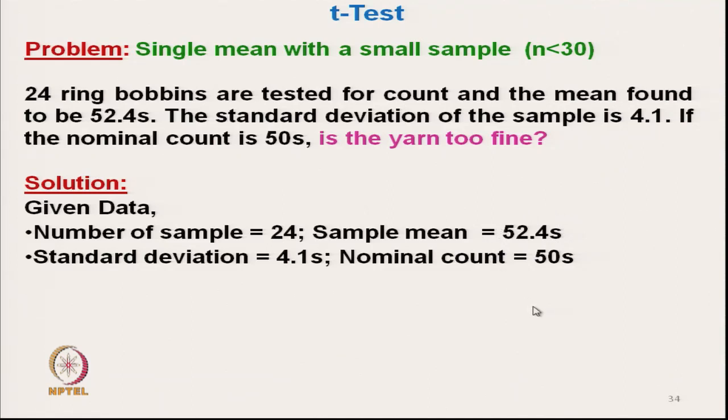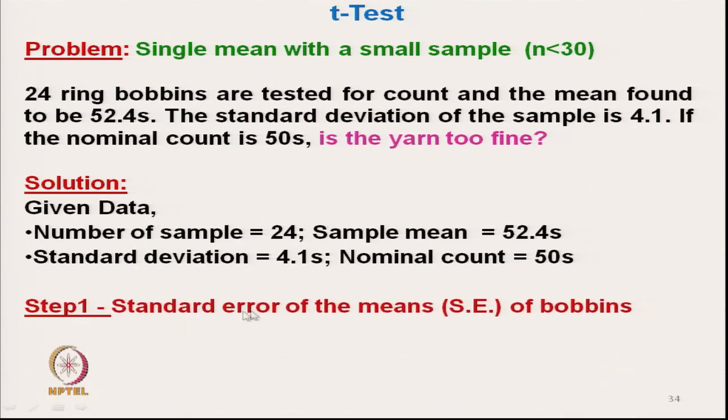Now, how to do it? Here we have to do a T test. So, we have to calculate the T, and we know how to calculate the T. To calculate the T, we first have to calculate the standard error of the mean.